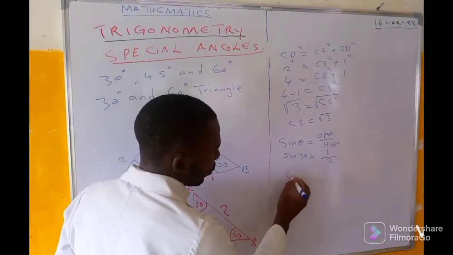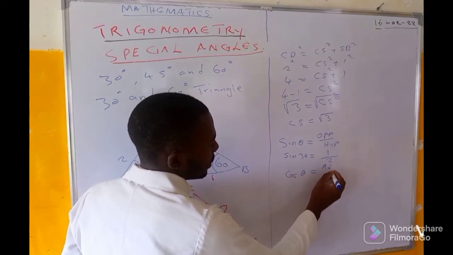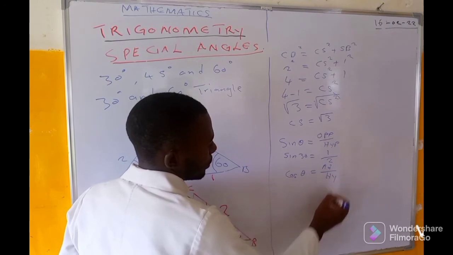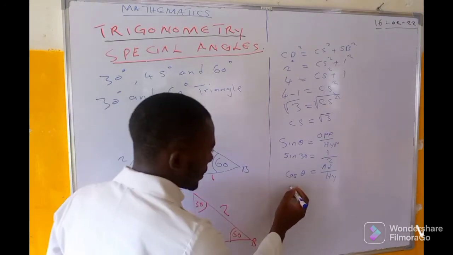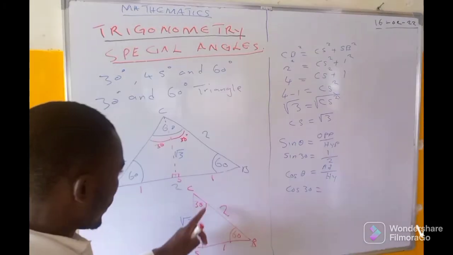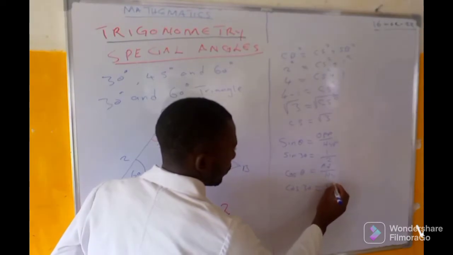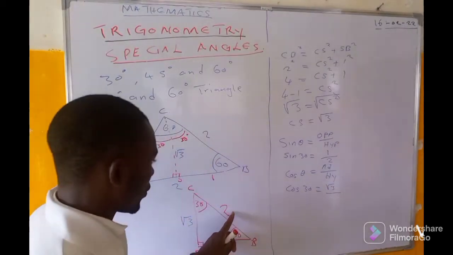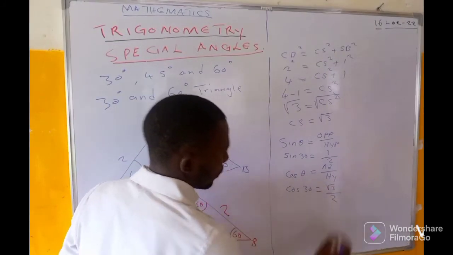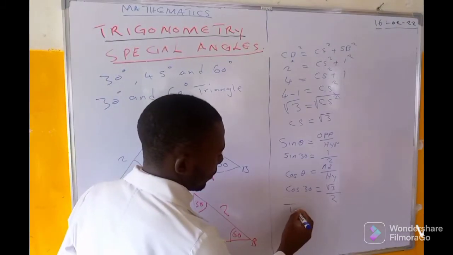Then we go to cos. Cos theta is equal to adjacent over hypotenuse. So cos 30 is equal to, what is the adjacent? Adjacent is square root of 3 over the hypotenuse is 2. Then we go to tan.